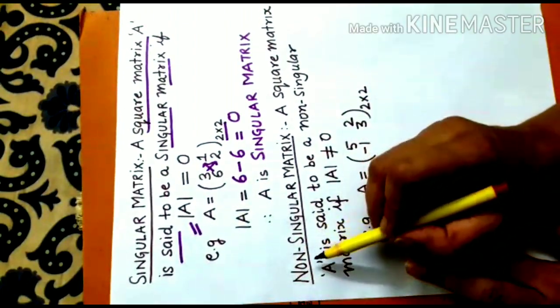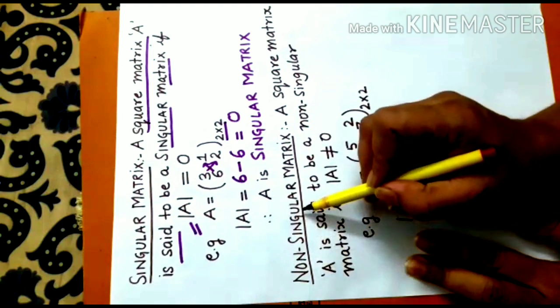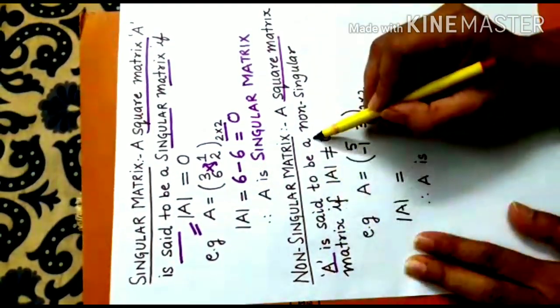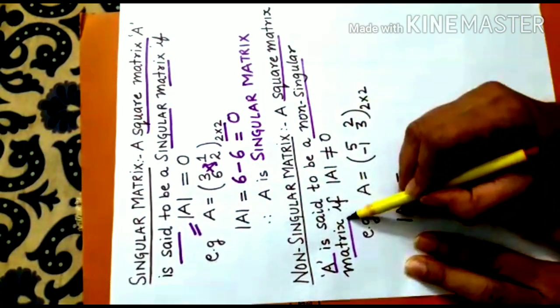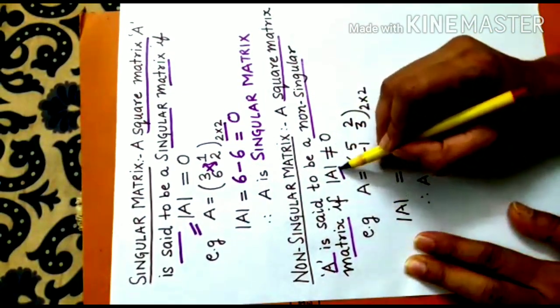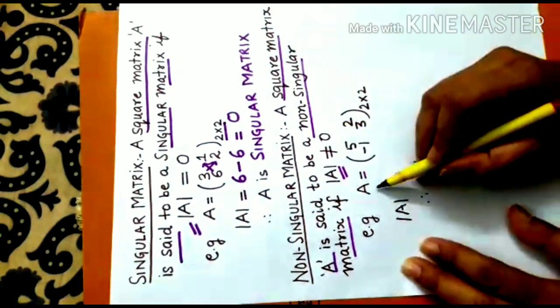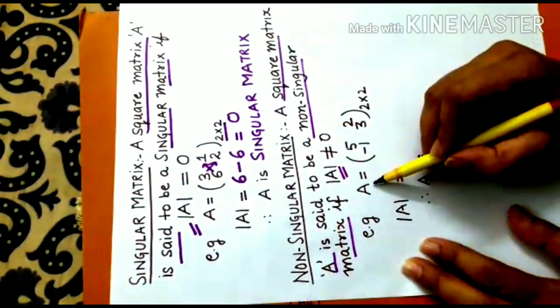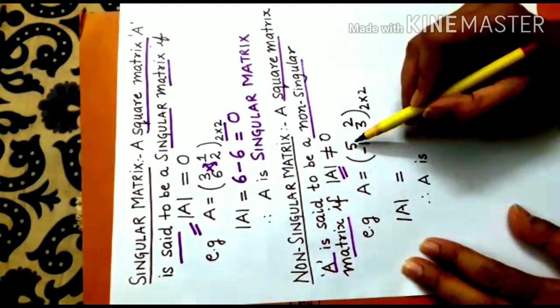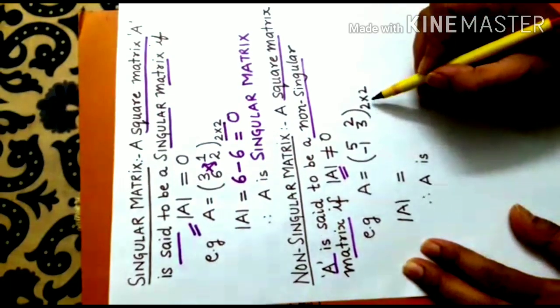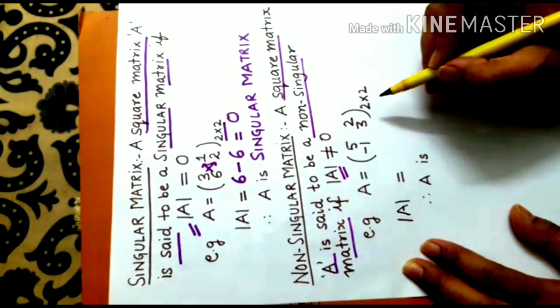Now let's see what is a non-singular matrix. A square matrix A is said to be a non-singular matrix if determinant A is not equal to 0. For example, if I have a matrix A with elements 5, 2, minus 1, 3, it is a square matrix of order 2 by 2.